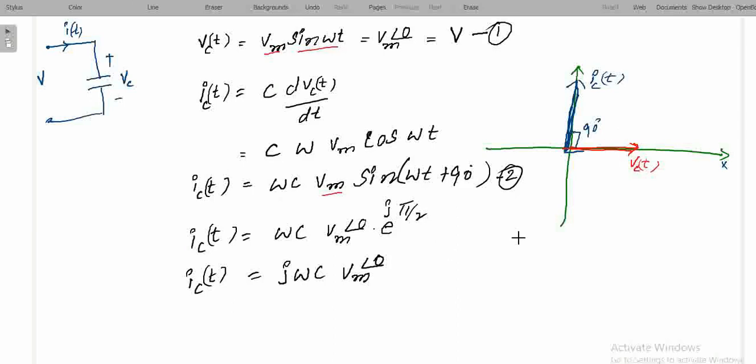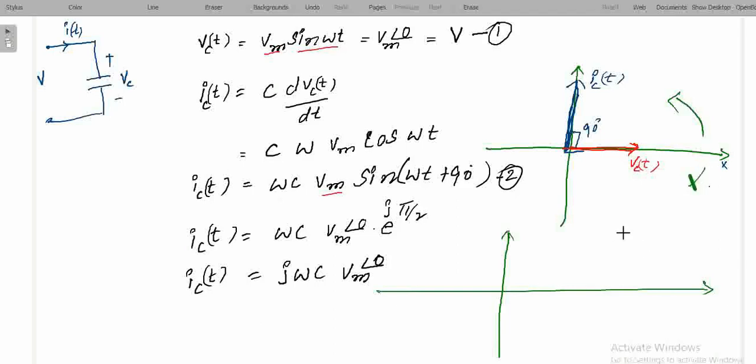In another way also you can draw this. I said that the leading is in this direction, the lagging will be in this direction. If I consider current here, IC of t, then what about the voltage? Voltage is lagging the current.